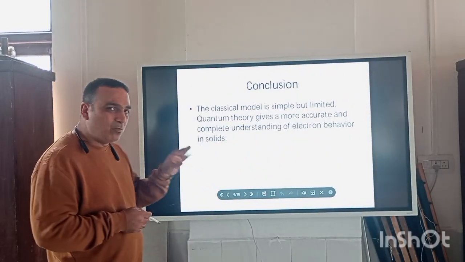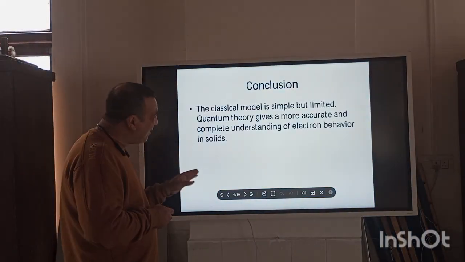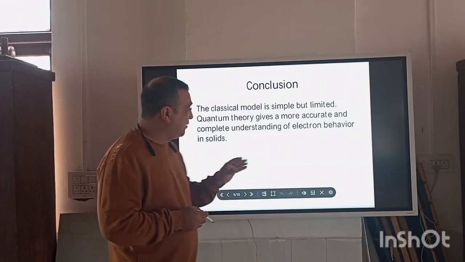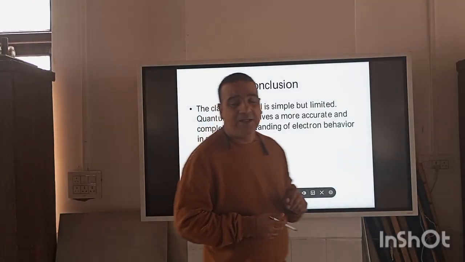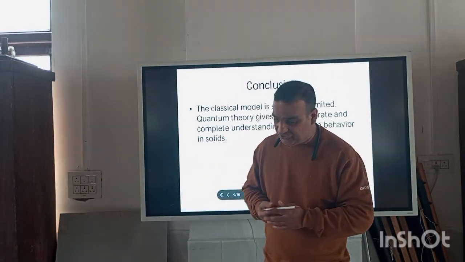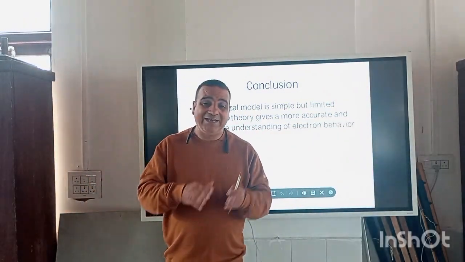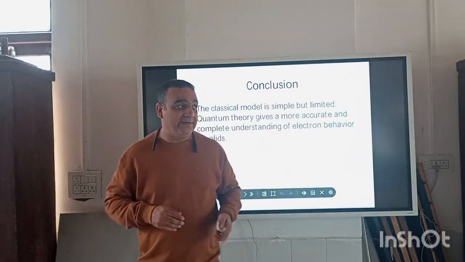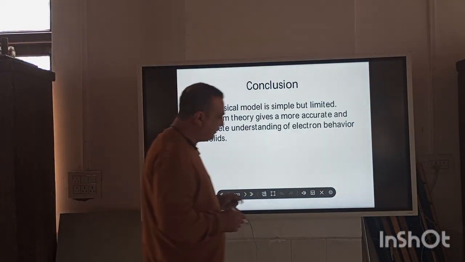It does not explain the wide range of properties of these materials. Quantum theory gives a more accurate prediction and a complete understanding of the electron's behavior in solids in general, where we can classify an insulator from a conductor. So this was the introduction.